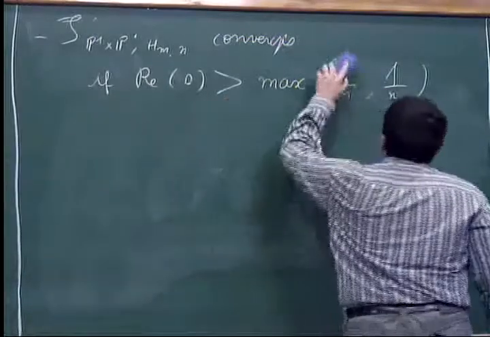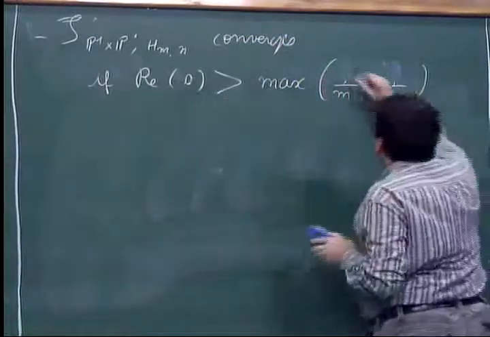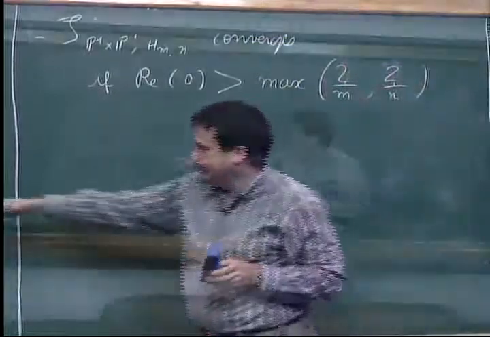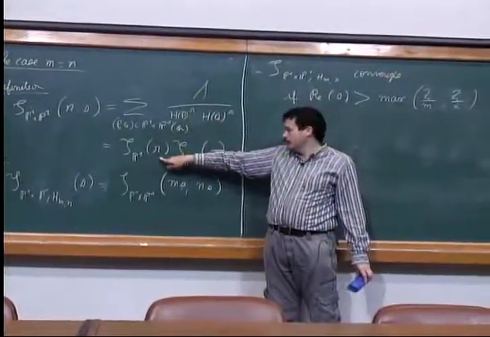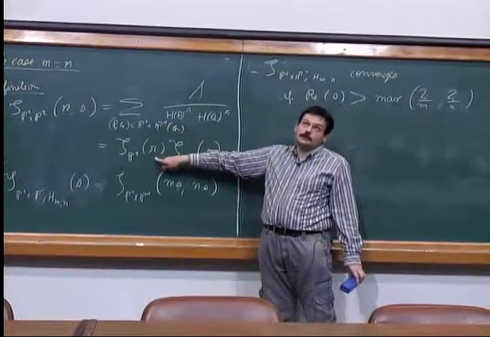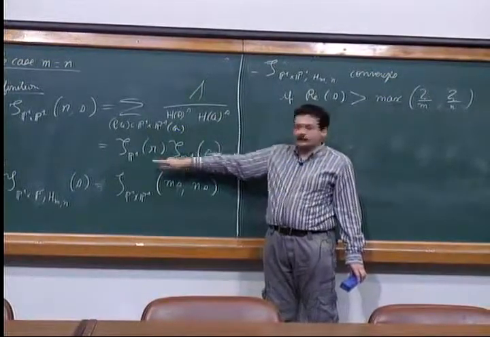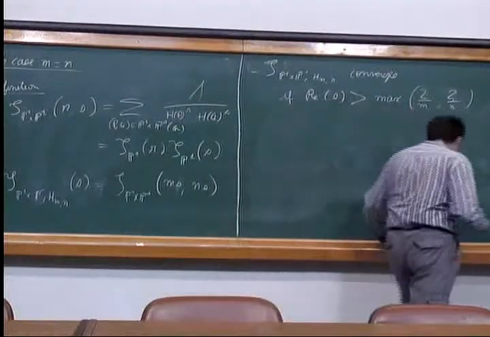It's 2 over m, 2 over n. So, okay, here the point is that the height zeta function for P1 converges for the real part of the coefficient bigger than 2. So I get 2 over m, 2 over n.